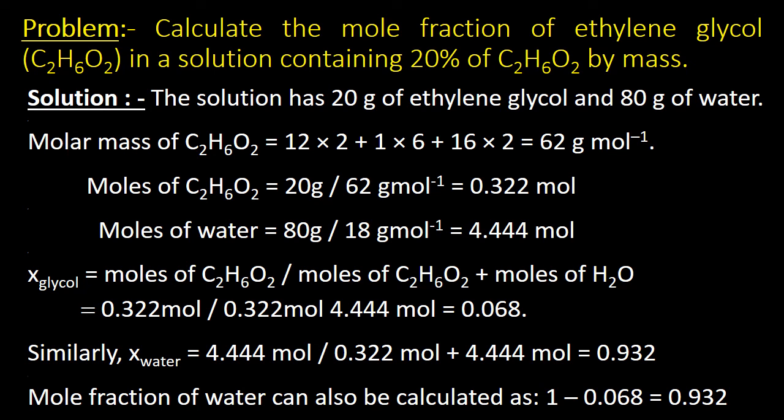Mole fraction of water can also be calculated as 1 minus 0.068, which is equal to 0.932, because the sum of mole fractions of all the components present in a solution is equal to 1.